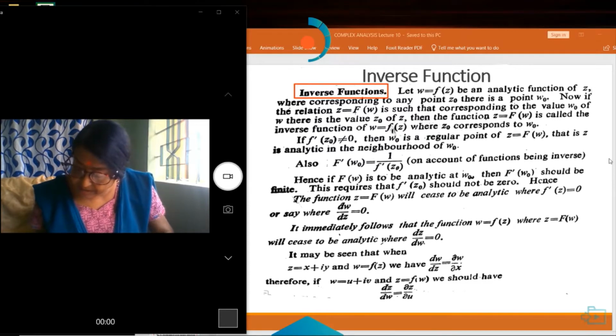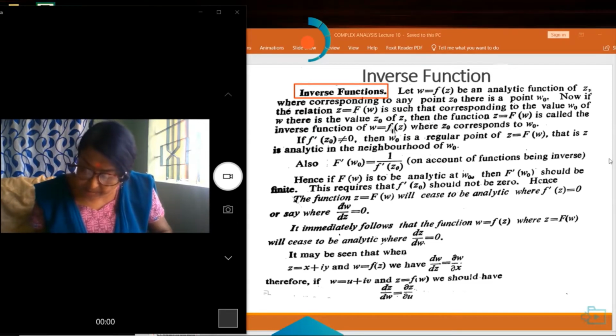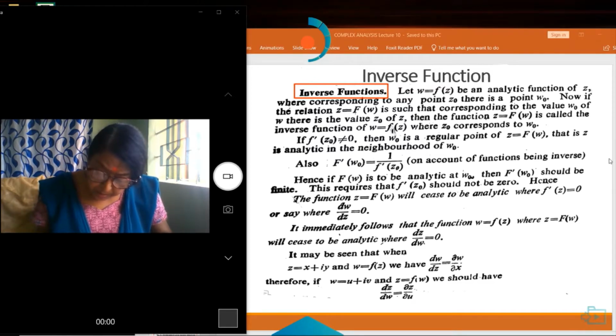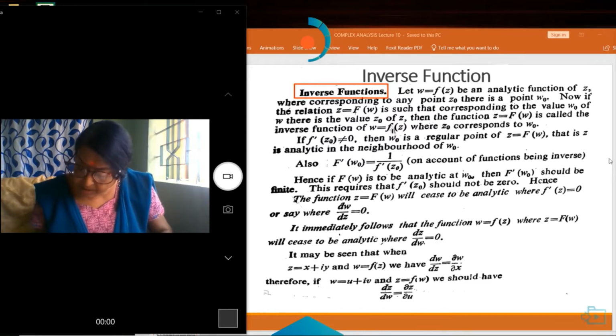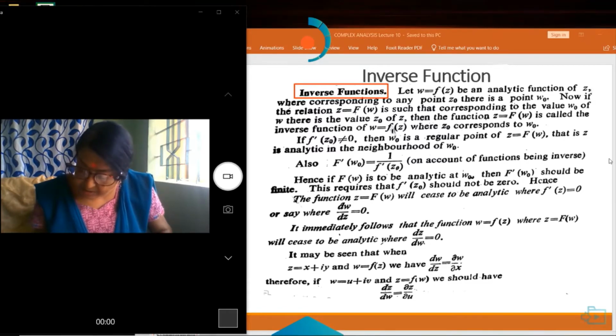Now, if the relation z = f(w) is such that corresponding to the value w0 of w there exists a value z0 in z, then the function z = f(w) is called the inverse function of w = f(z).